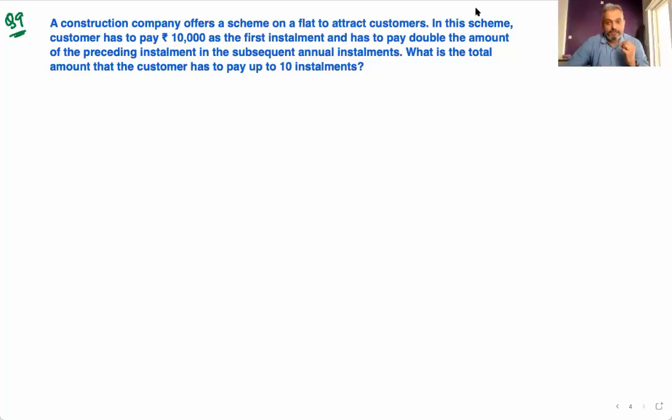A customer has to pay rupees 10,000 as the first installment and has to pay double the amount of the preceding installment in the subsequent annual installments. What is the total amount that the customer has to pay up to 10 installments? So let's start.